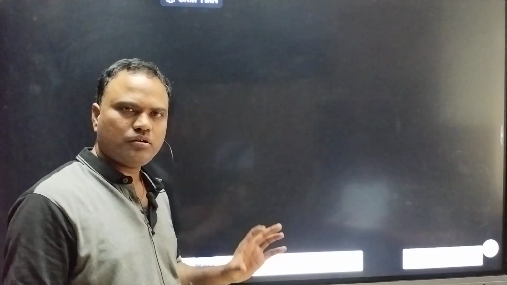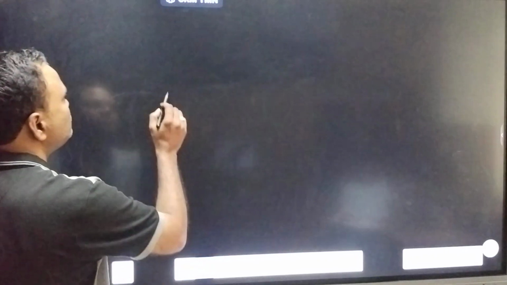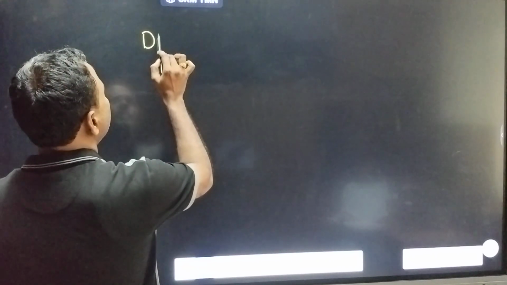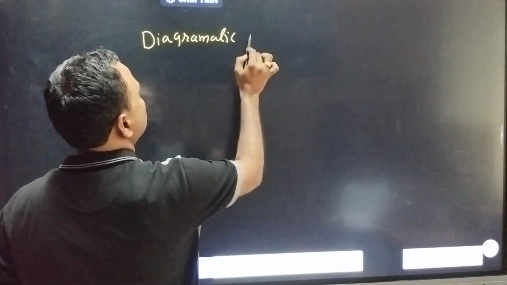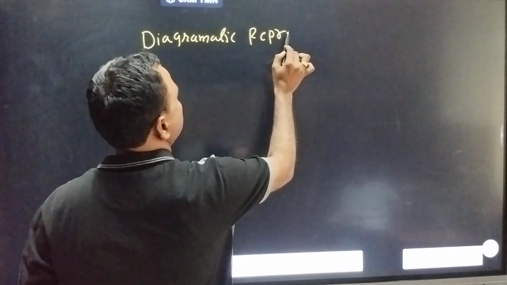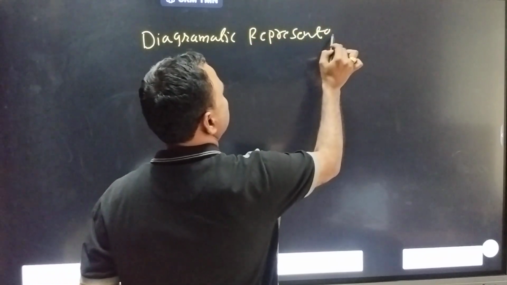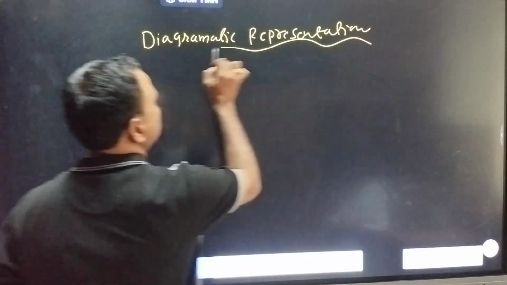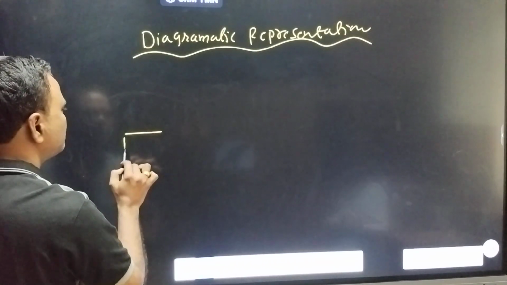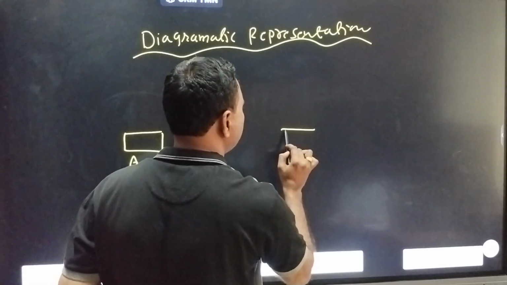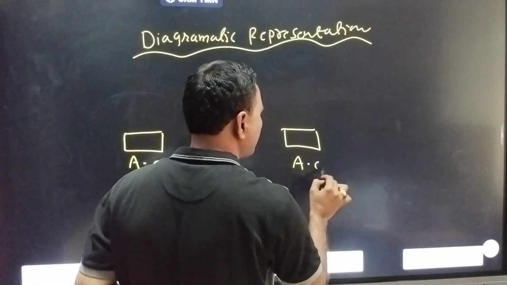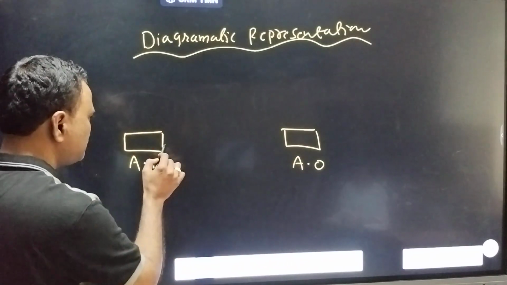Let us take one diagram which represents bonding, anti-bonding, and atomic orbitals. Diagrammatic representation. AO stands for atomic orbital.